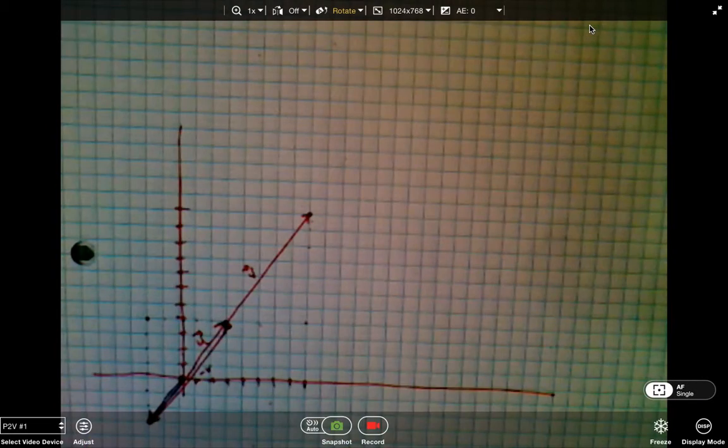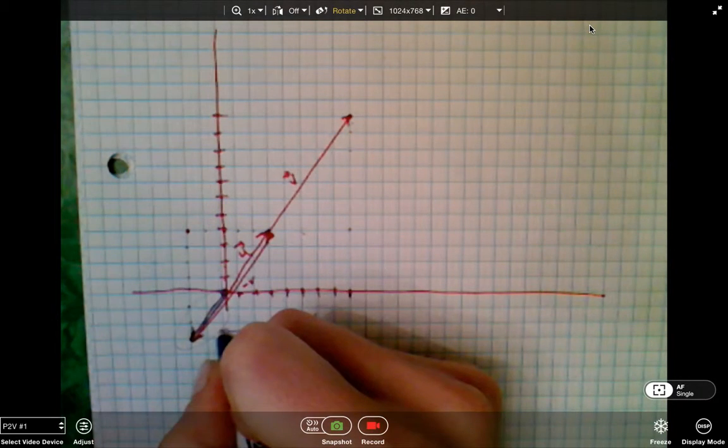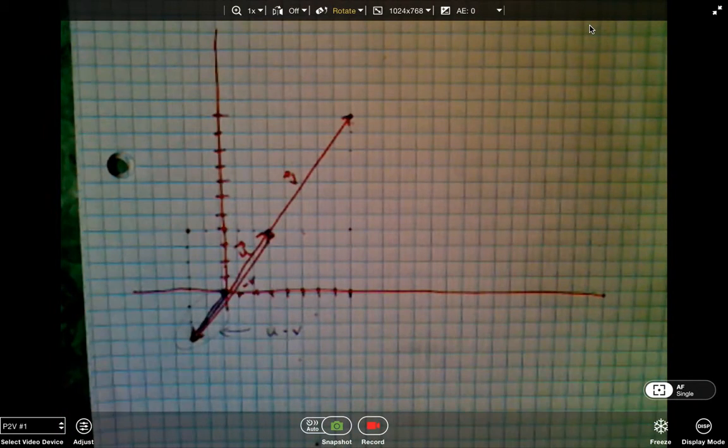Like that. So this vector right here, that guy is u minus v. Okay, so that's the triangle method.